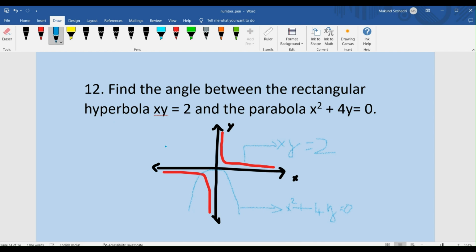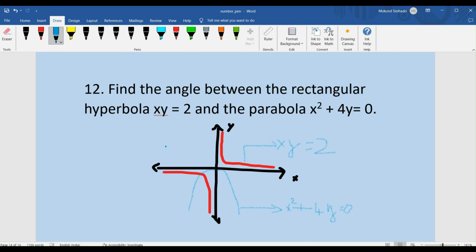So you have xy equals 2, which is represented by the red line, and this means that the product of any point on the curve is always 2, which means that x cannot be positive and y negative, and y cannot be positive and x negative. So you will see this curve only in the first and the third quadrant, where x and y are both positive or both negative, right?